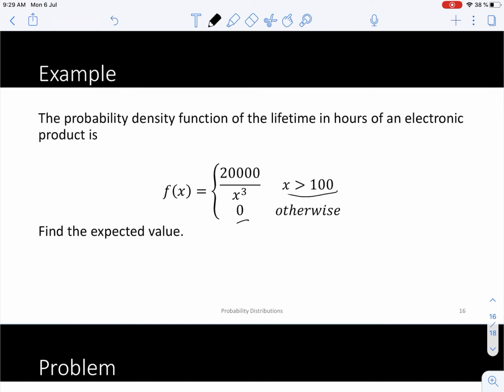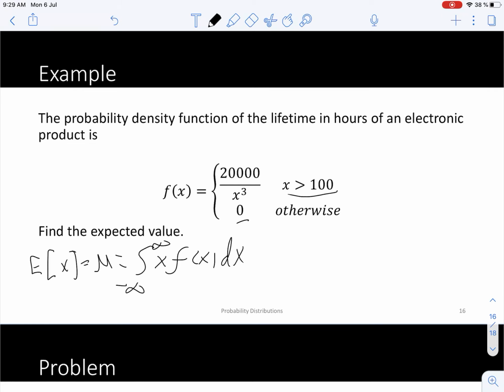So let's do the expected value, E. Using the equation, the expected value of x, remember this is mu, is equal to the general expression, the integral from minus infinity to infinity of x times f(x) dx, right? So random variable times the PDF, the probability density function.